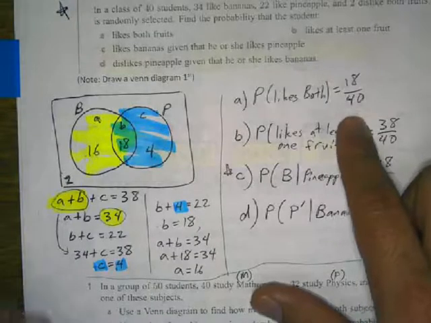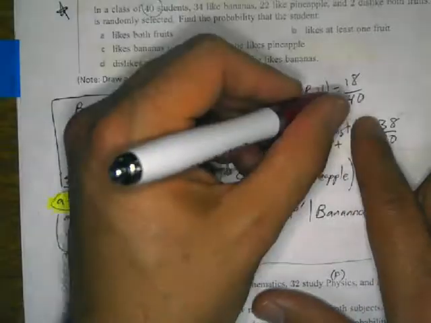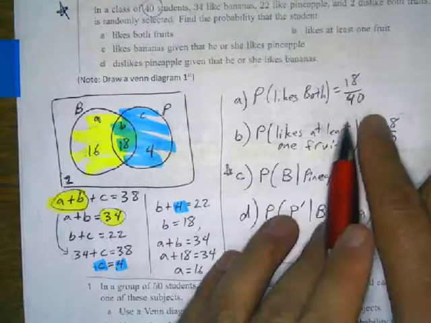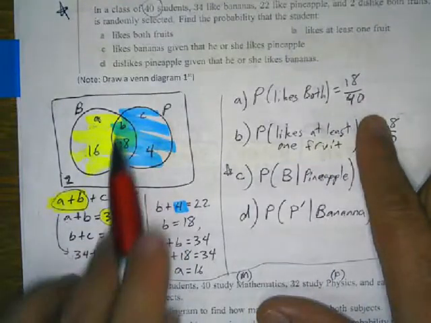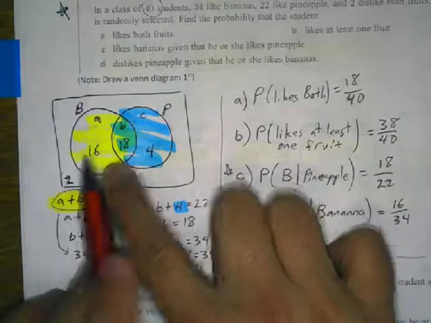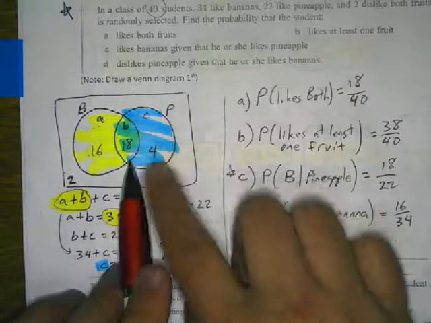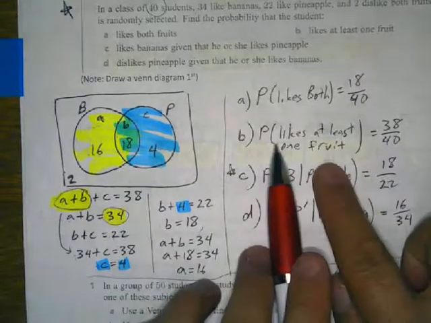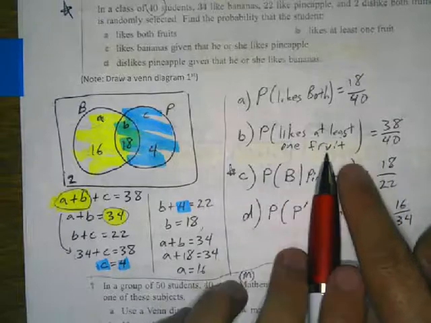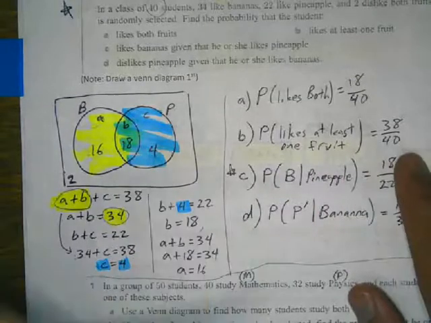Okay, so there's 40 students, so my denominator is going to be 40, and likes both is going to be this section in B, because these people only like bananas, these people here only like pineapples, this region here overlaps, they like both. Okay, probability that the person likes at least one of the fruits. So 16 plus 18 plus 4 is going to give me this numerator.